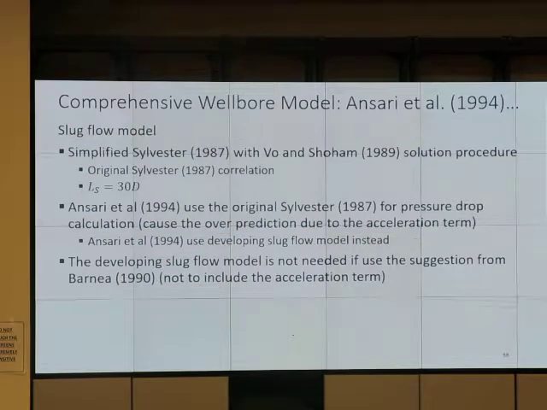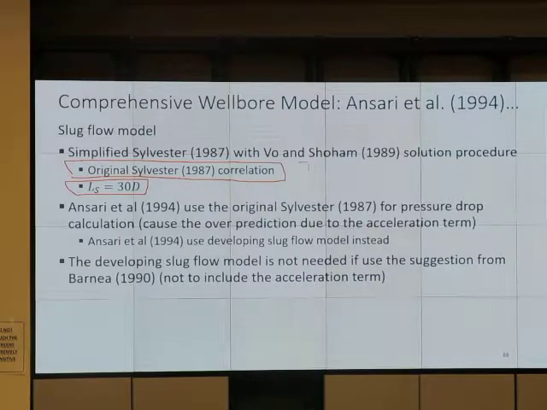Slug flow, they use the simplified Sylvester model, the one that you did for your homework. Use the original Sylvester correlation for the relationship with film thickness. Now you remember that? That comes from Sylvester, and assume L equal to 30 diameters.